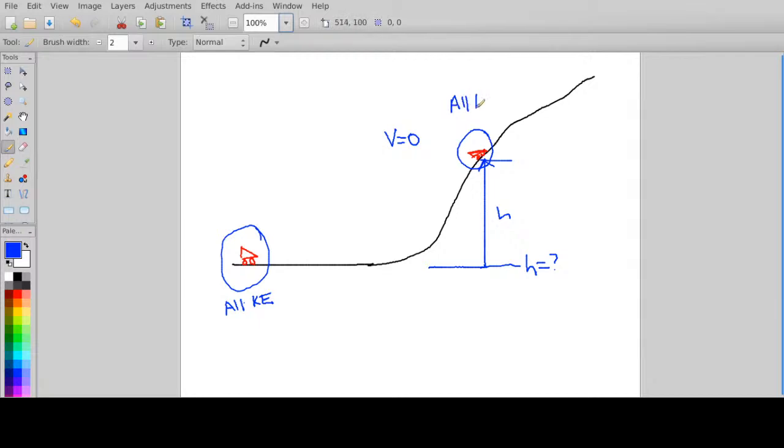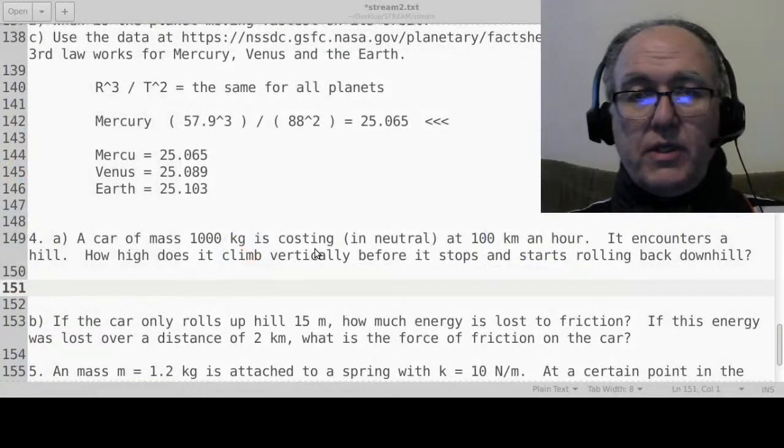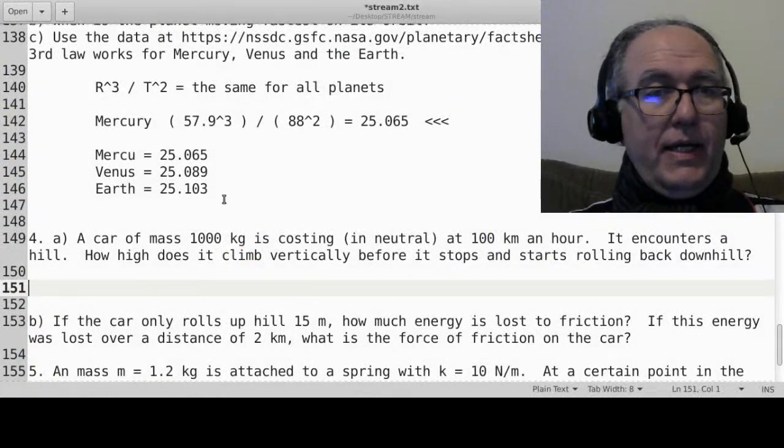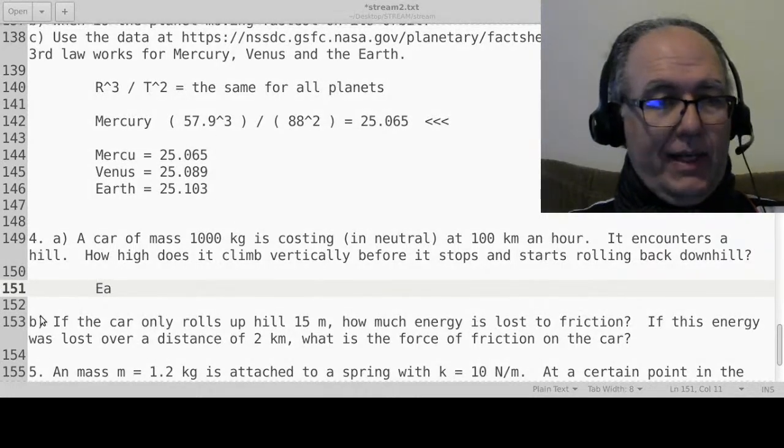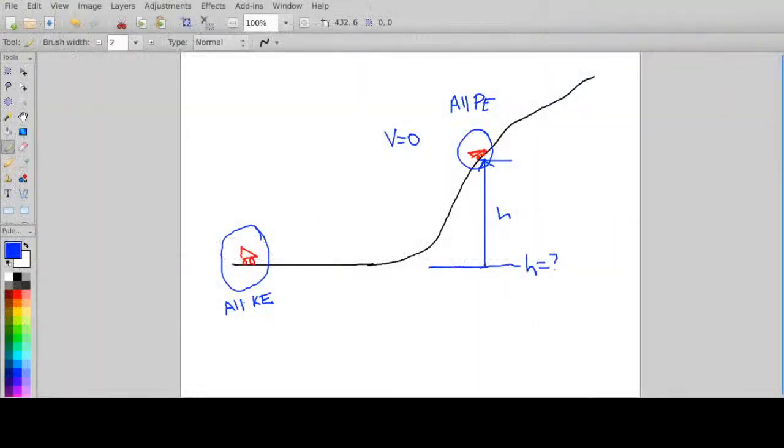This is a pretty easy problem, but it's worth seeing how this works. I'm going to add friction in a minute, but initially, we can call the energy EA. Let me go back to that diagram and label it. This is picture A here, and this one up here is going to be b, lowercase b, to be consistent.